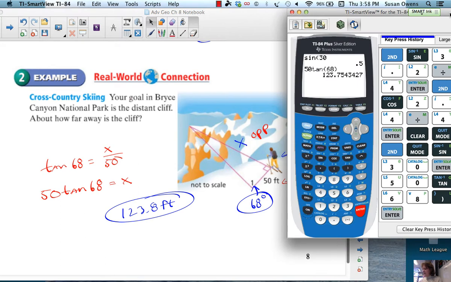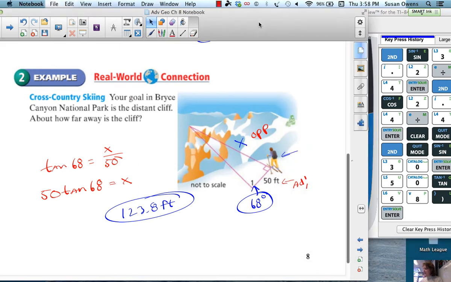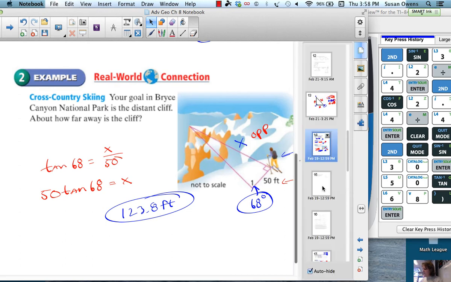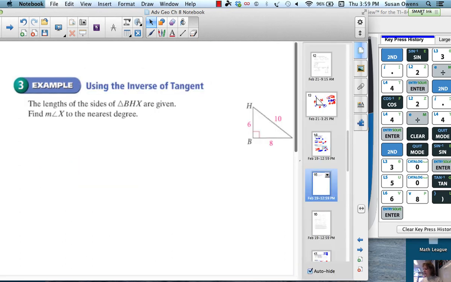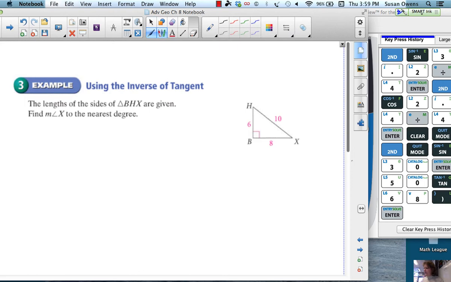Now what we're going to do next is we'll actually have the sides, and we want to find an angle. The lengths of the sides of the triangle are given, and we want to find the measure of angle x to the nearest degree. For this one, I am going to circle x since I'm finding x. Since they give me all 3 sides of the triangle, I can actually use all 3 trig functions if I wanted to.